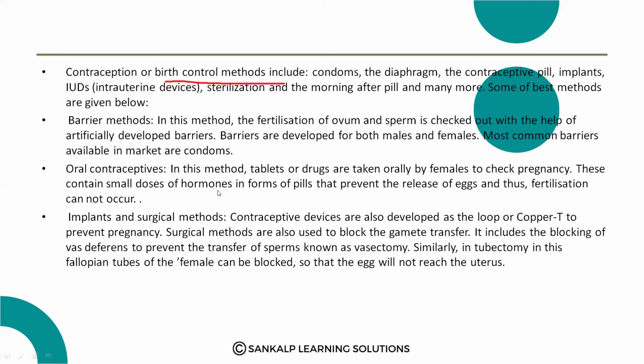In multicellular organisms, reproduction takes place by regeneration, budding, vegetative propagation, spore formation, and sexual reproduction. So that is the difference between unicellular organisms and multicellular organisms.